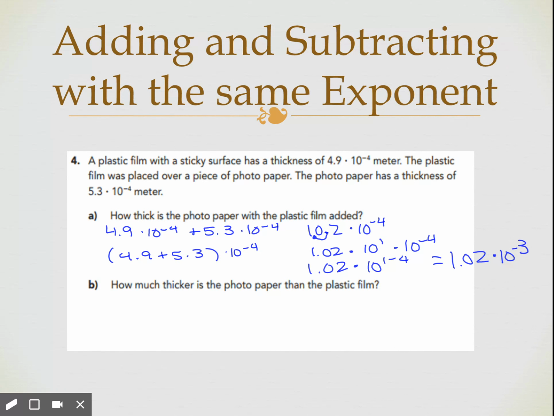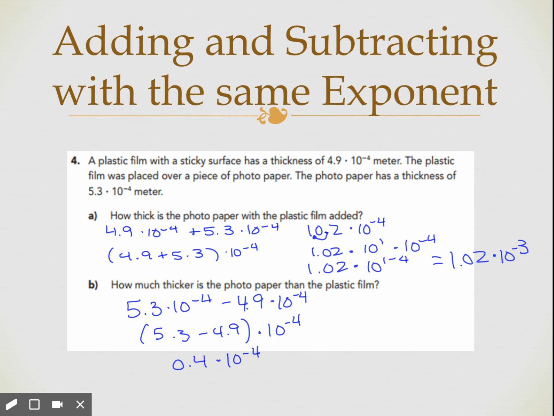And how much thicker is the photo paper than the plastic film? That's a difference question. So 5.3 times 10 to the negative 4th minus 4.9 times 10 to the negative 4th. So I'm going to subtract 5.3 minus 4.9. And I would get 0.4 times 10 to the negative 4th.